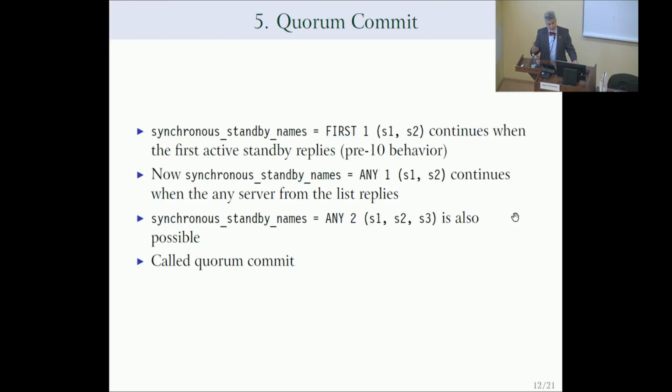That's a good question. So the question is, can you time out or something? And we have talked about adding a timeout to this, but we don't have it. I think it would be a nice feature to have some type of timeout that says, if I can't synchronously commit, stop trying, and also alert someone because something terrible has happened.